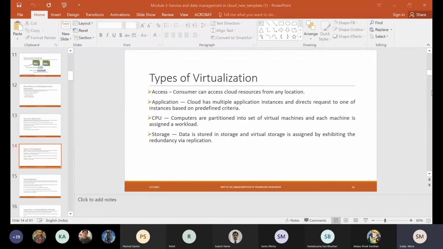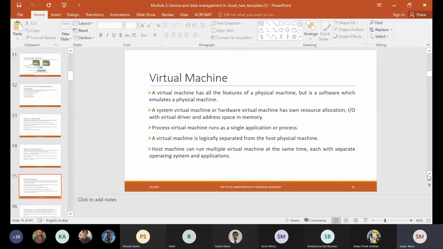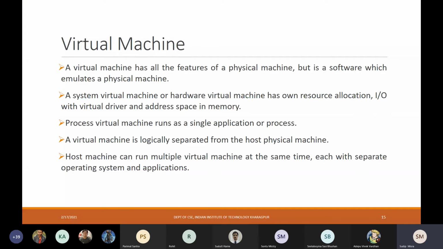Like this, there are different other types of virtualization that are also available. Virtualization leads to the creation of something called a virtual machine. A virtual machine has all the features of a physical machine, but actually it is not a physical machine.